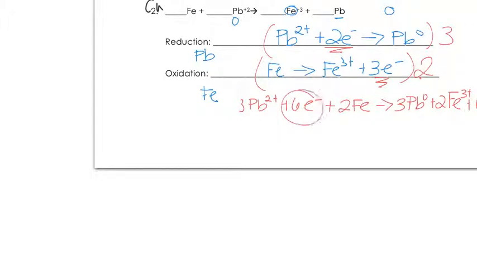Now we have 6 e minus on this side and 6 e minus on that side. Okay? So we can cancel out our electrons and we can copy over our coefficients. So we have 3 and 3 and 2 and 2.